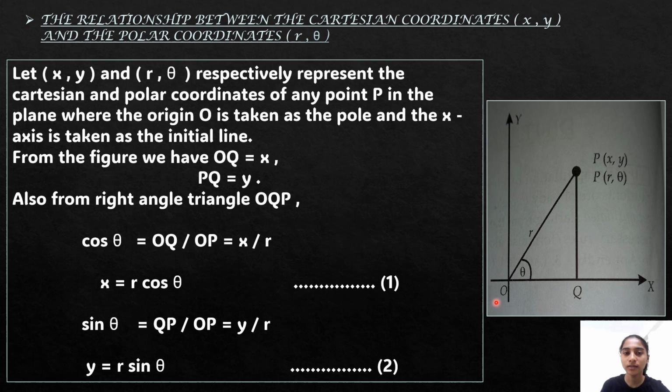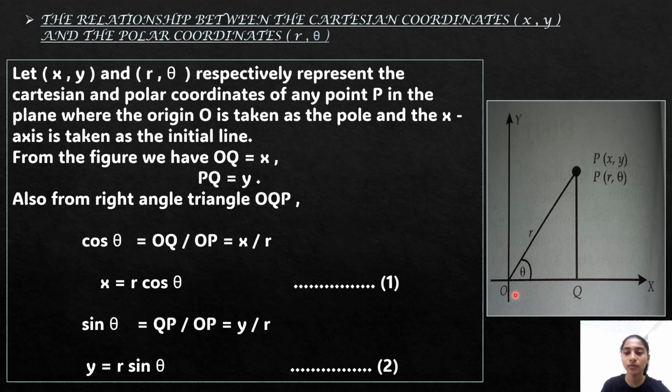From this figure, we have OQ equals x and QP equals y. We know that it is a right angle triangle. So from this right angle triangle OQP, we will take cos theta. We know that cos theta equals adjacent by hypotenuse. Here the adjacent side is OQ and the hypotenuse side is OP.